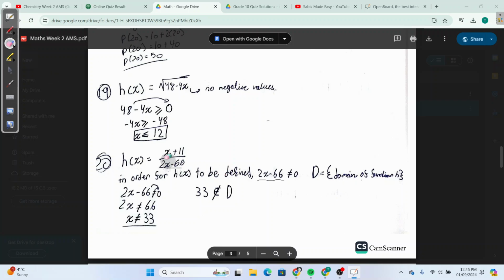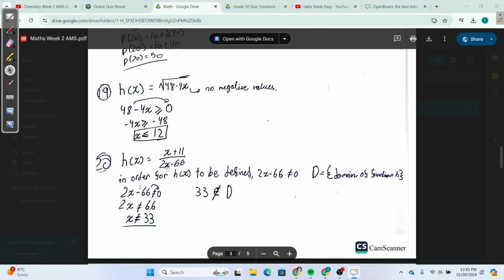Because you can divide 0 by something, but you can't divide by 0. If this were to equal 0, then the function would be undefined, so you need to find the number that would make this function undefined, which is the only number outside of this domain.